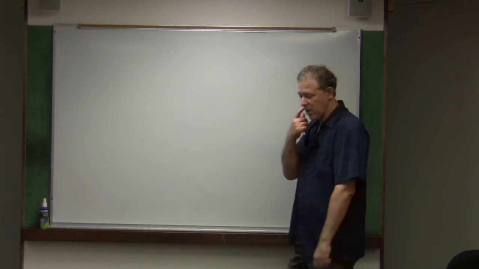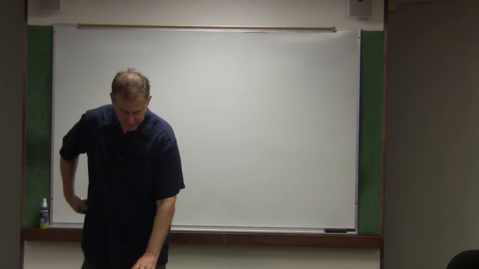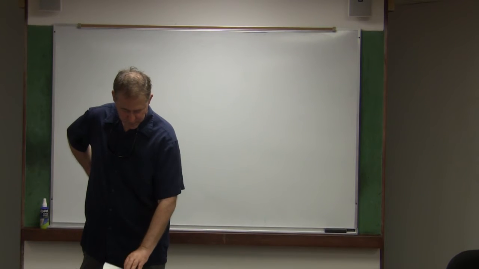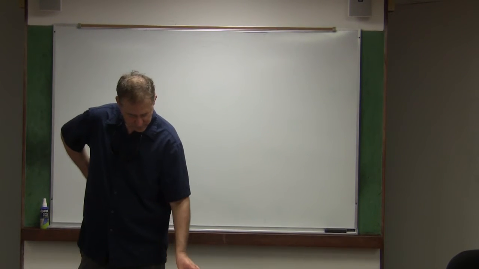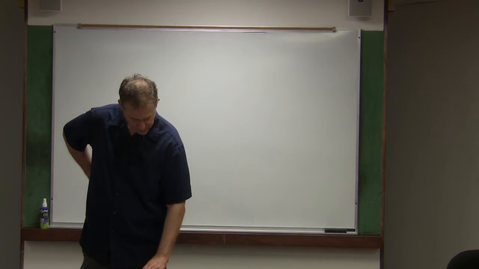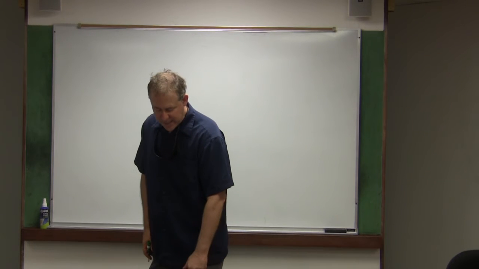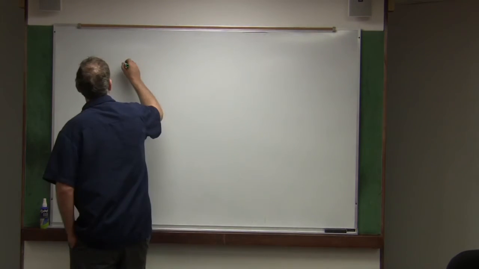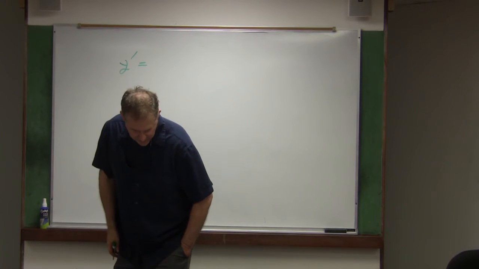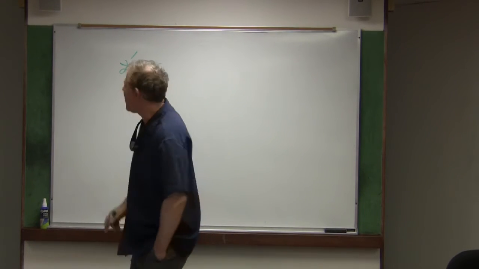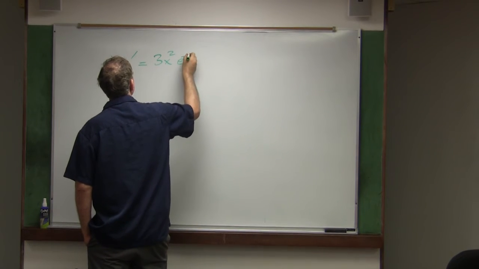Okay, so dy dx or y prime is equal to 3x squared e to the minus y. 3x squared e to the minus y.